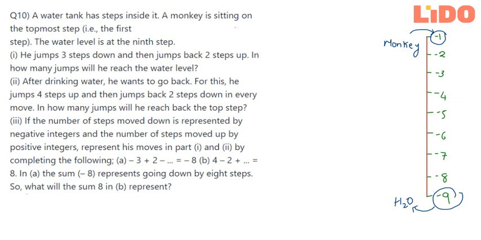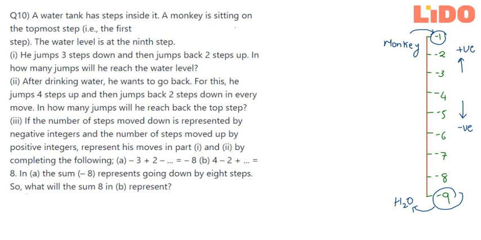Now every time we go downwards we are going to represent it with a negative integer, and every time we are going upwards we are going to represent it as a positive integer.